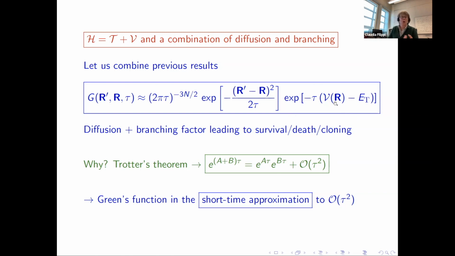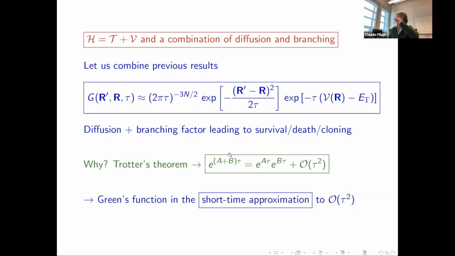Is this very small? Is this very, very large? So maybe I create a lot of children, I clone, maybe I just remain one and only, or maybe I die. That determines it.